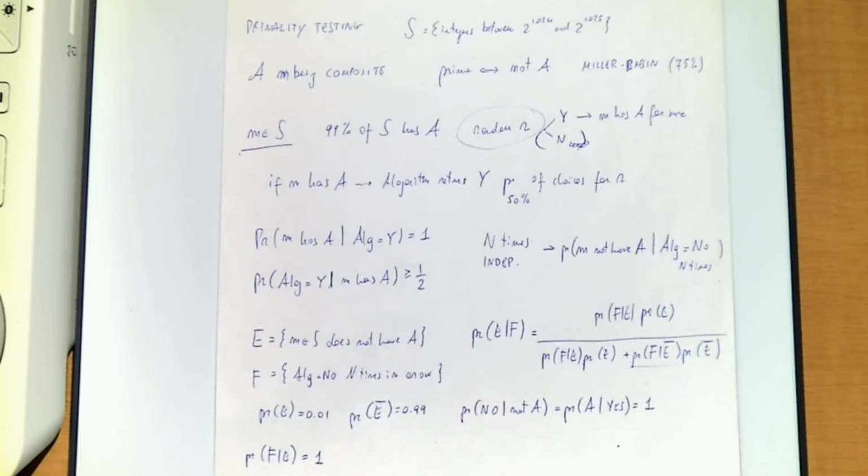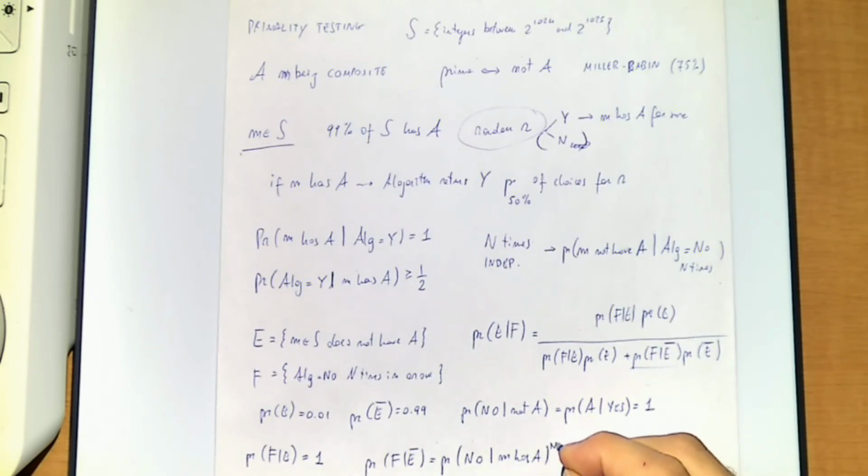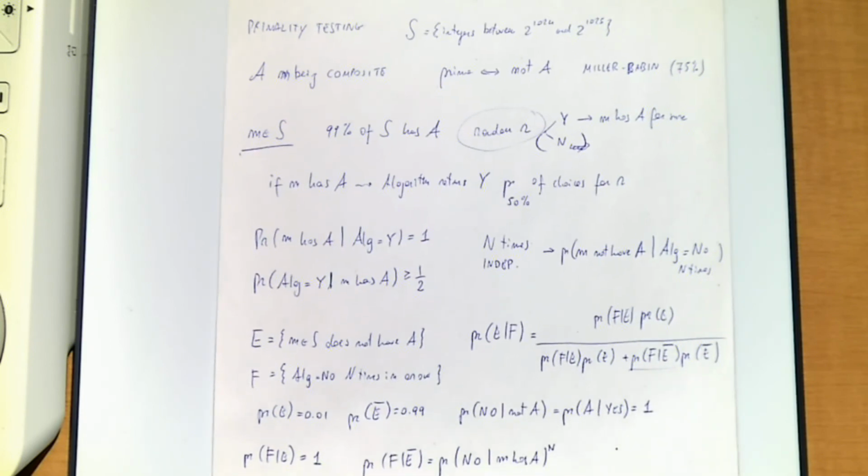The probability of F given not E is the same as the probability of a no given that M actually is a composite number, and I do this n times. I'm taking the power of n because the events are independent, so I'm doing this times this times this, n times. So what's the probability of faking it?